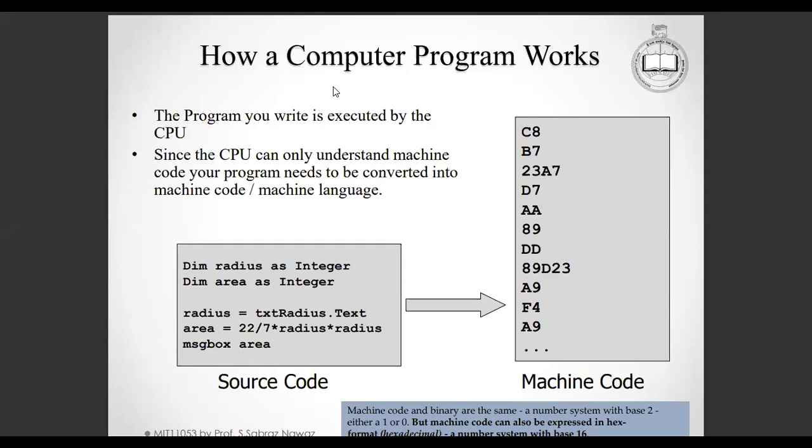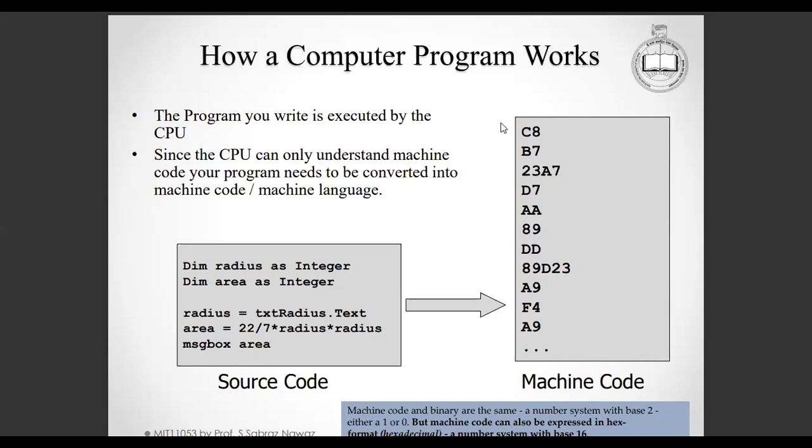The CPU understands the machine language and the compiler converts the program into machine language. Okay, so now you are on the track. You have understood how the computer program is working. First of all, whatever program you write is executed by the CPU. The CPU is responsible for executing your program, meaning giving you the output, giving you the result.